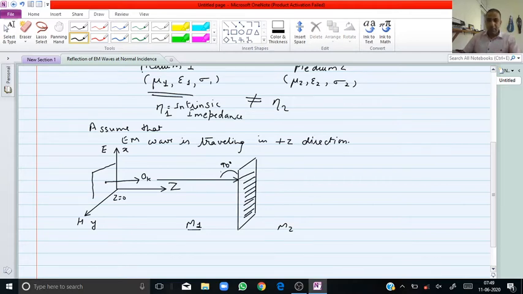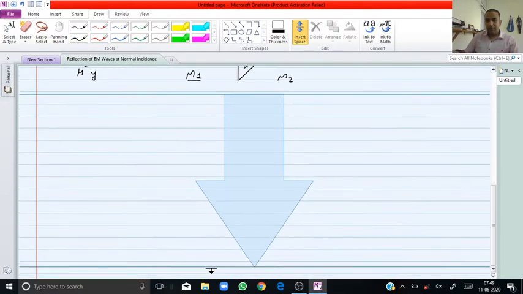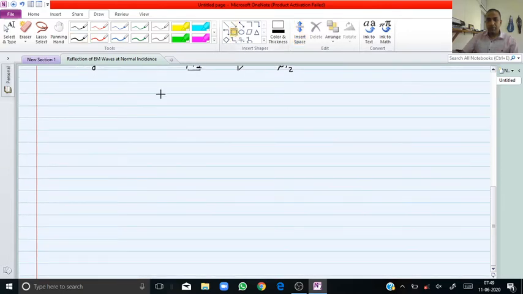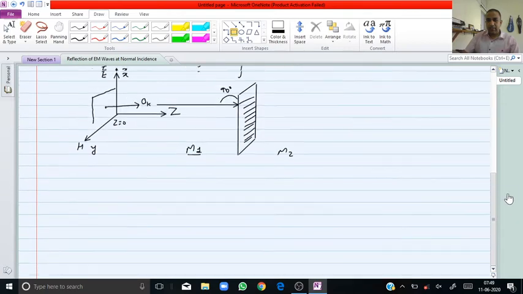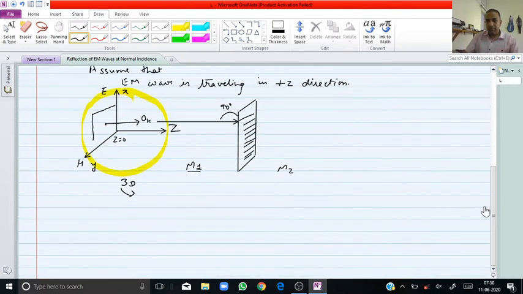Now if we look at it in another way, this part is drawn in a 3D way, and if we convert it to 2D, then it must be like this.